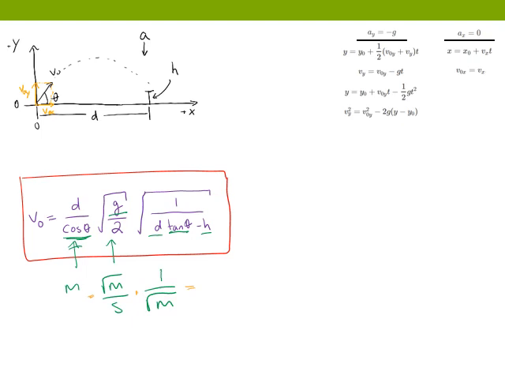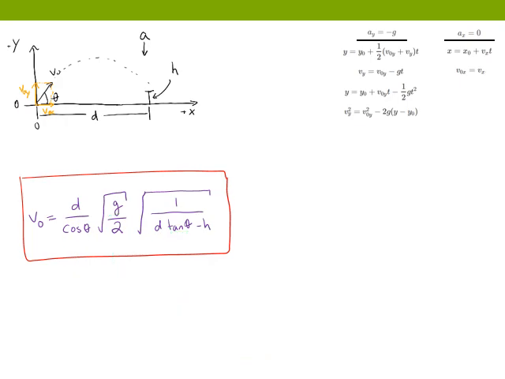And in the end, what do we see? We see that the square root meters terms cancel out, and we're left with just units of length over time. Sure enough, that is a velocity. So we have a pretty good bet that this is at least a reasonable answer. Our units work out.